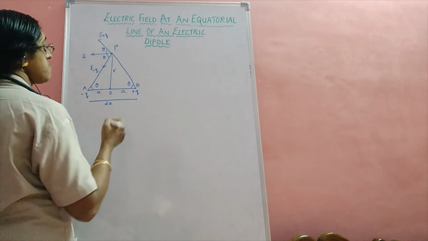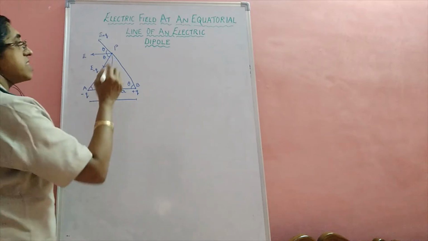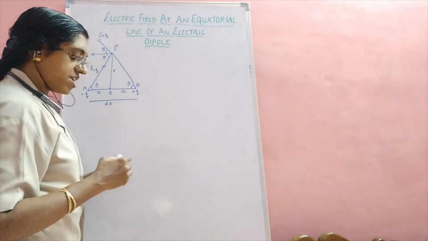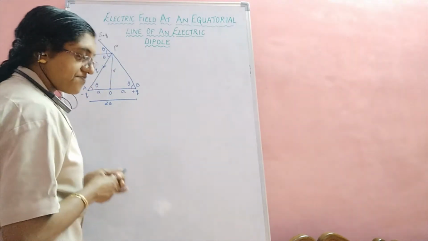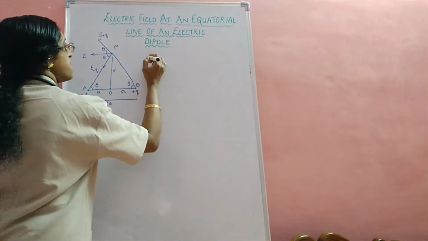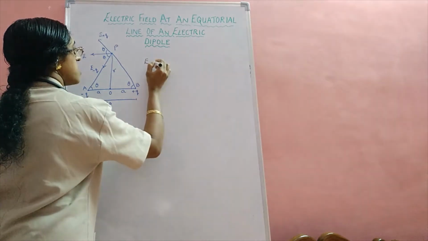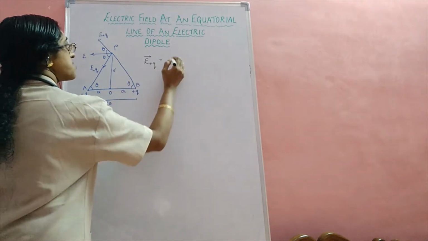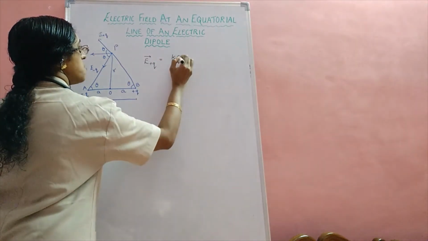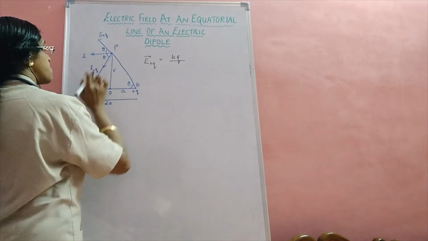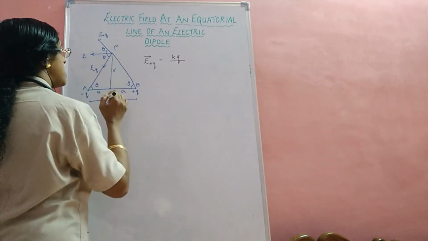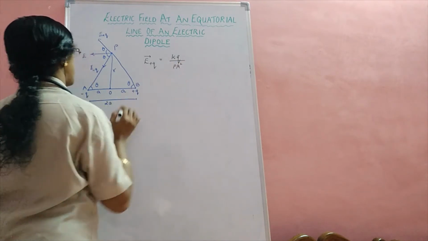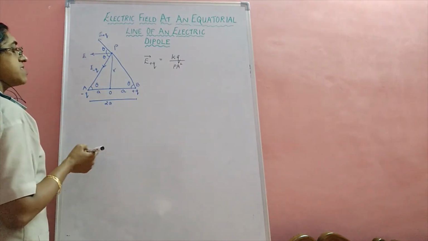To find the net electric field, we'll first find the electric field due to the positive charge. The electric field due to the positive charge plus Q, I'll mention the direction also, would be equal to KQ by r square, where r square is the distance PA square. How much is PA?